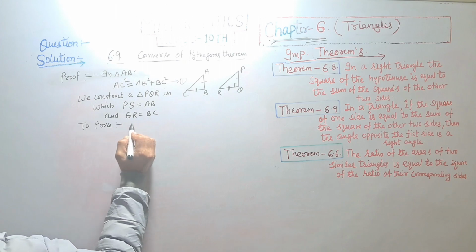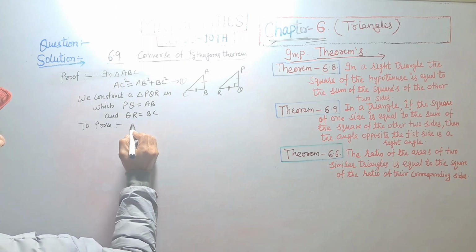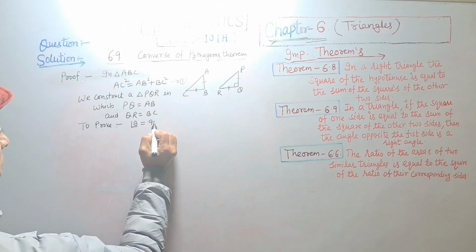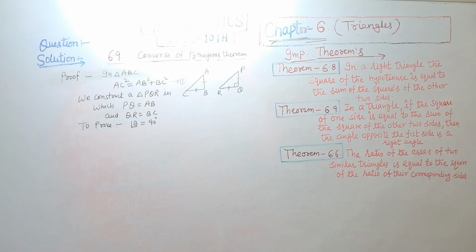To prove: angle B is equal to 90 degrees.